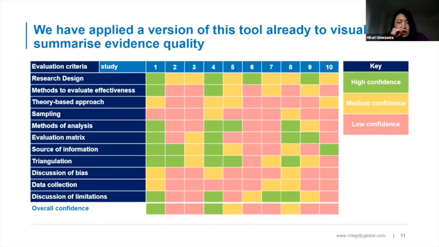This slide is just to show what sort of findings you can get from the tool. So the tool we are using today in this workshop is actually derived from another study where my colleagues and I assessed a series of qualitative studies. In that study, we developed a quite complex appraisal tool for qualitative studies. And this table is just a part of our summary table of the assessment results using that tool. So for each study and for each evaluation criterion, we rated high, medium, or low confidence level.